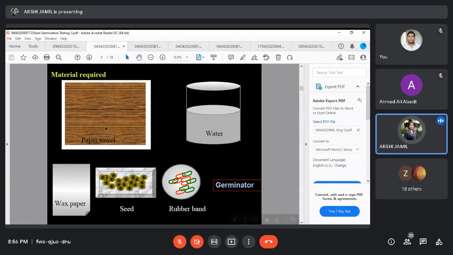The paper towel is somewhat brownish in color, rough, and has good moisture holding capacity. You take the paper towel, dip it in water, and then place the seeds. After placing the seeds, you place that paper in a germinator or incubator, and after 2 to 3 days we look at how many seeds have germinated.